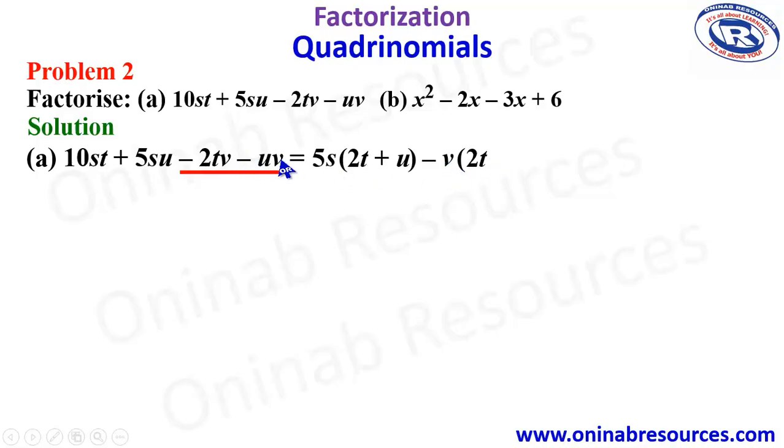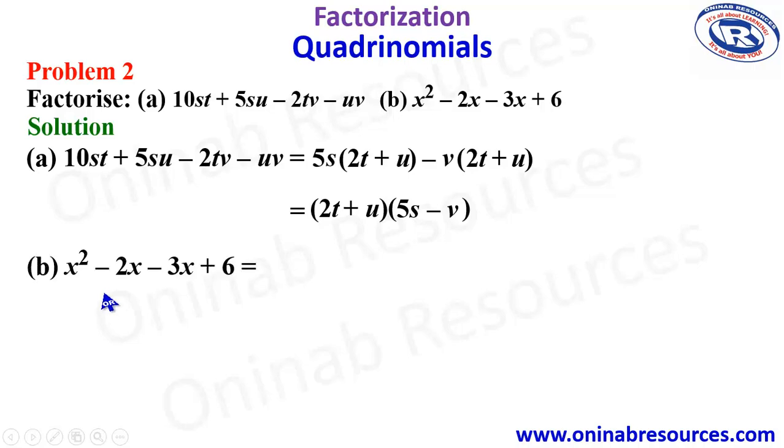Then minus uv divided by minus v is going to give us plus u. Then we close the bracket. We have the brackets the same. So we pick the bracket, which is 2t plus u. And in the second bracket, we are going to have what we have outside the brackets. So we have 5s minus v. And that's all for the factorization of 2a.